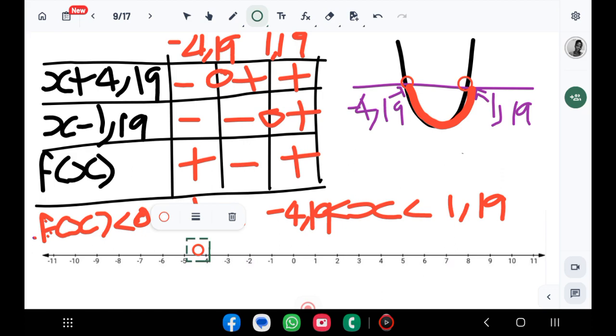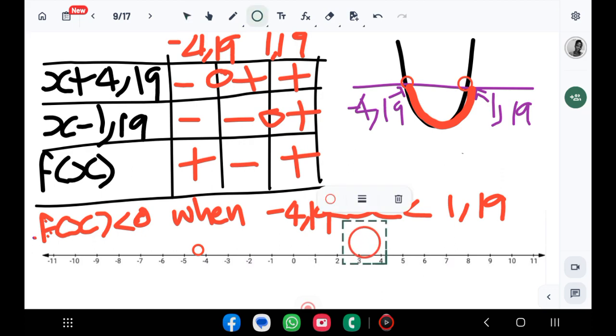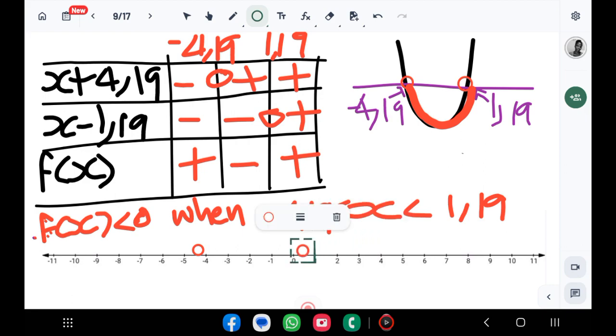Then you have the other one, 1.19. It will be somewhere between 1 and 2, just to the right of 1.